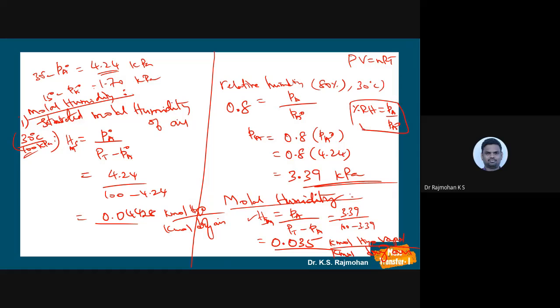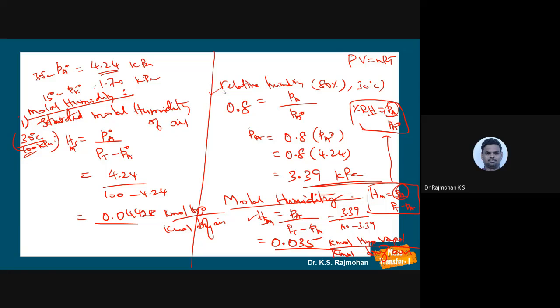So this is a reverse calculation actually. We have HM equal to Pa by P total minus Pa, so for this we need Pa. If we know Pa naught, we can get Pa because percentage RH is given. And similarly, saturation molar humidity also we have determined.